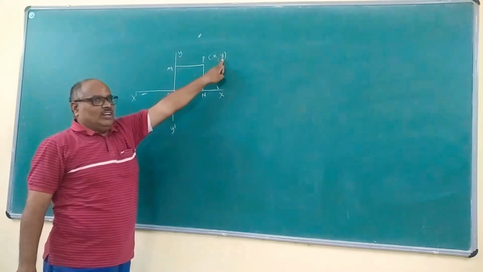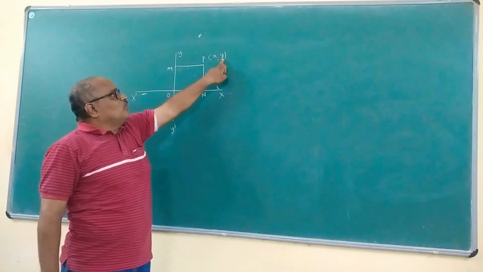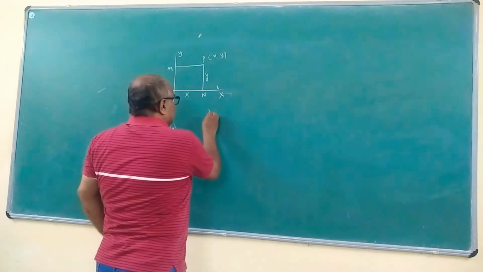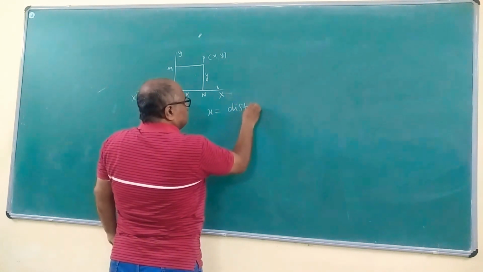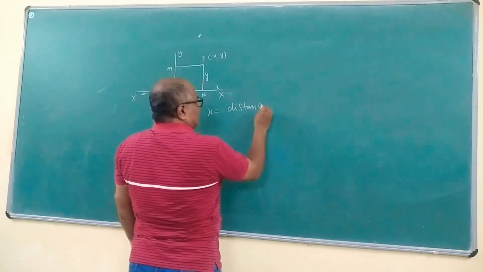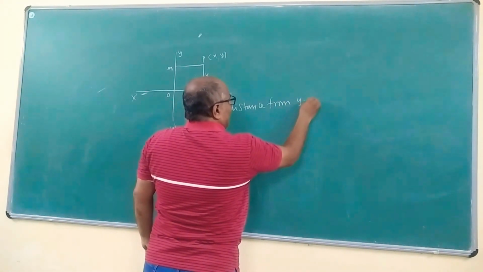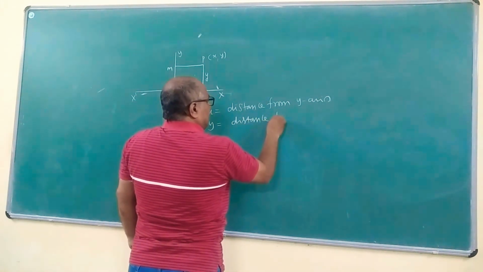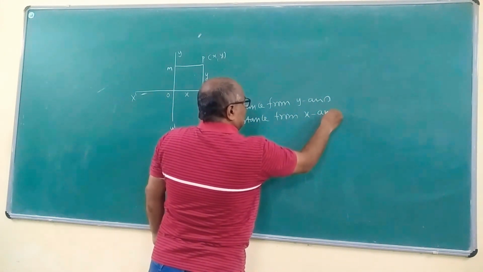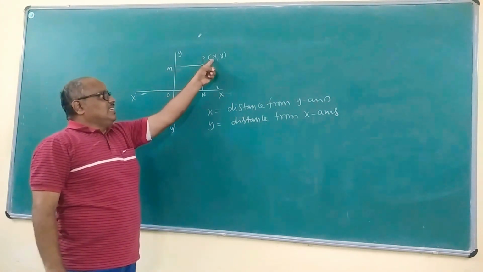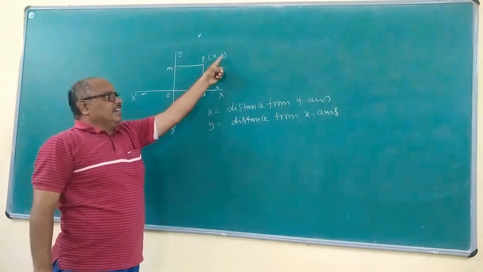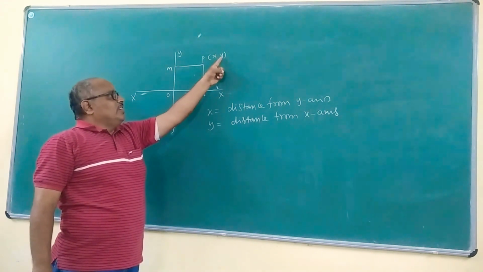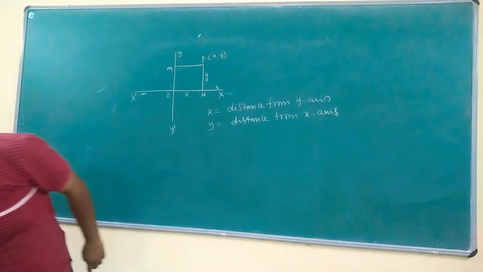Therefore, y is equal to the distance from the x-axis, and x is equal to the distance from the y-axis. But x is the abscissa and y is the ordinate. So x units is the distance from the y-axis and y units is the distance from the x-axis.